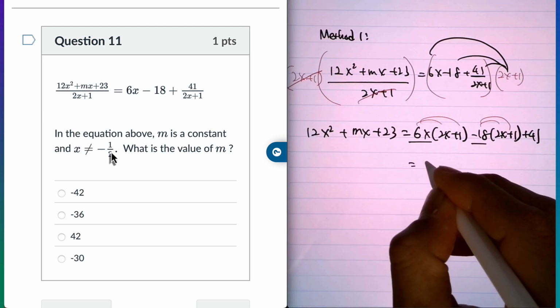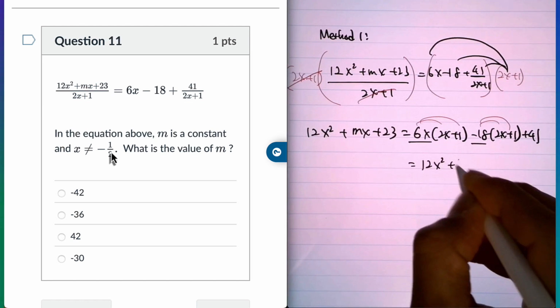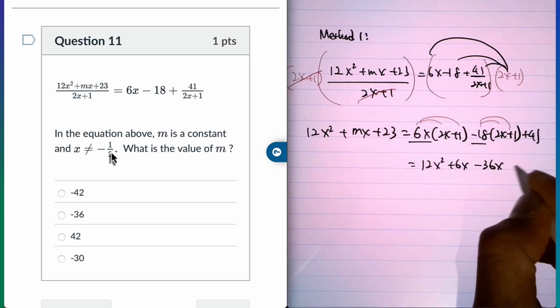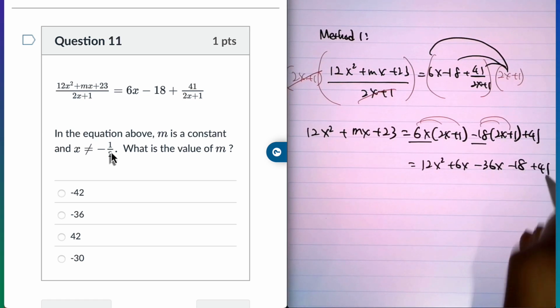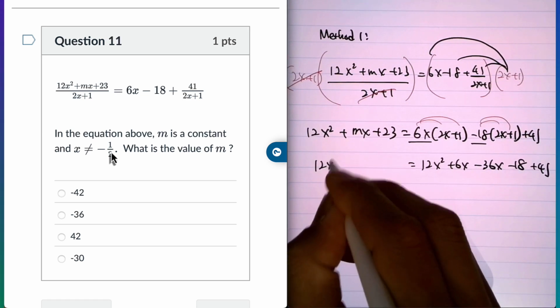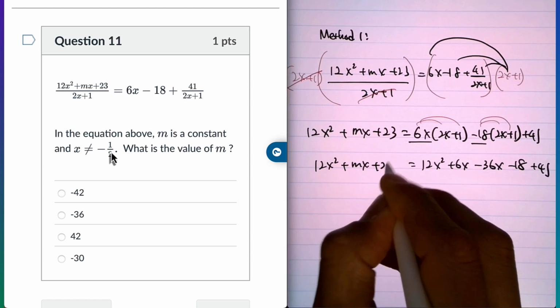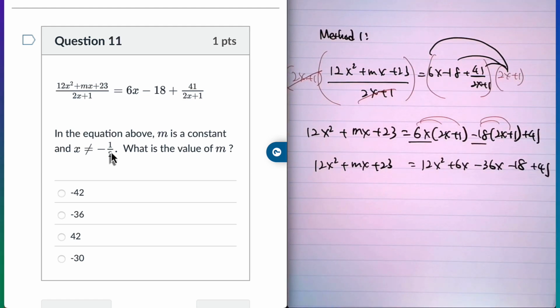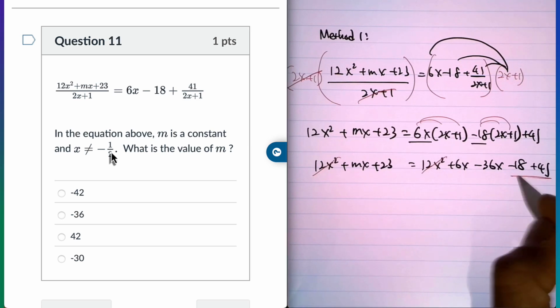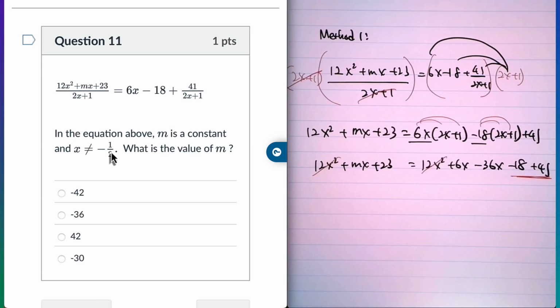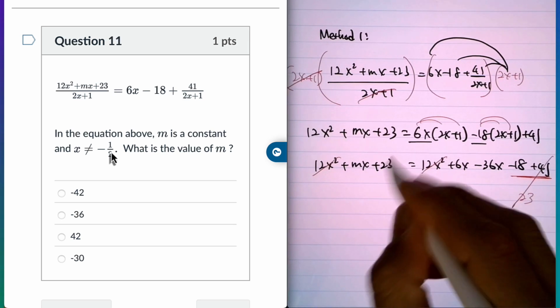So here we're going to get 12x squared plus 6x minus 36x minus 18 plus 41. We can knock out the 12x squared. We can combine these numbers together. So 41 minus 18 is 23, which means that we can also knock this out.